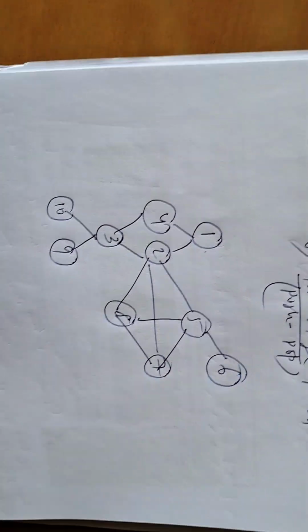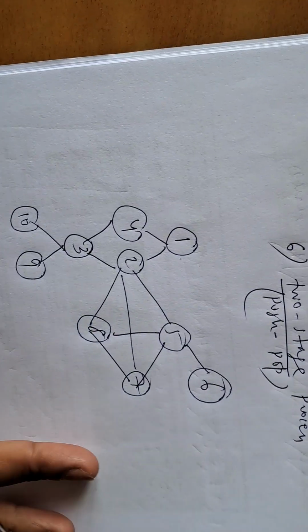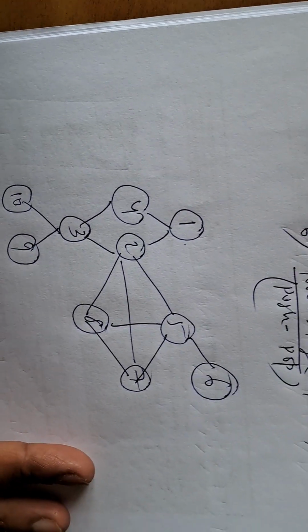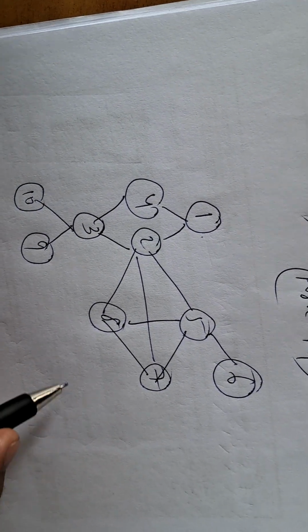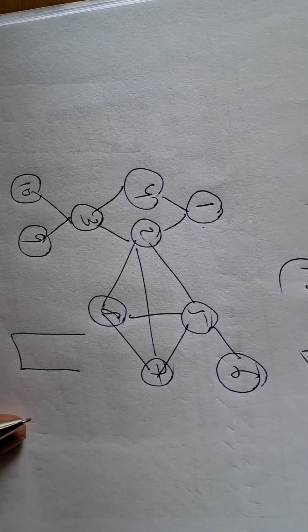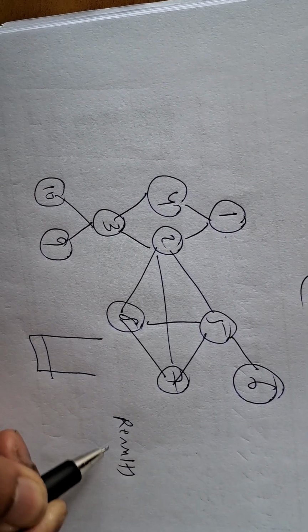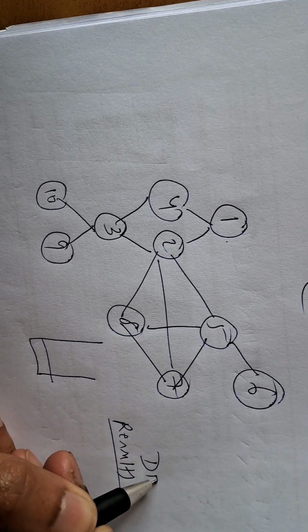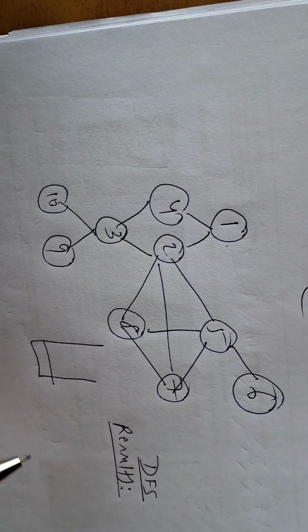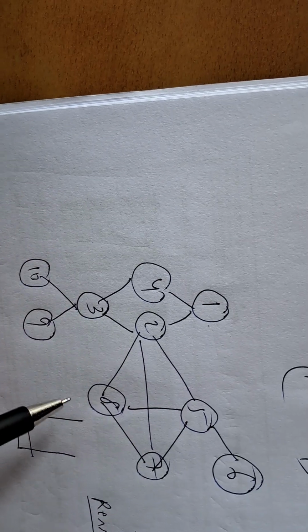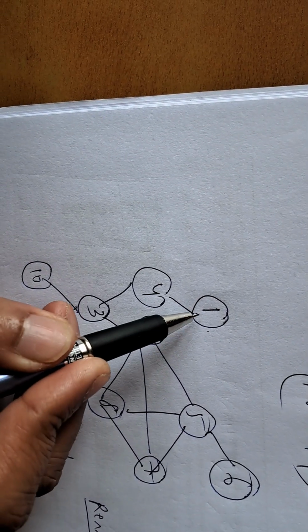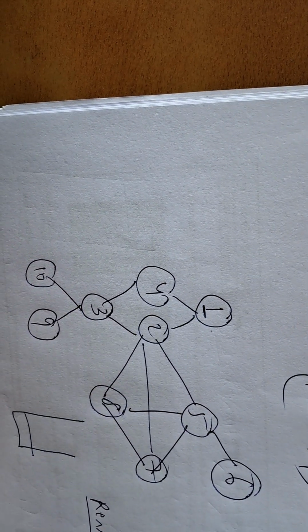Try to understand one thing: whenever you are trying to solve this kind of question, we simply maintain an additional data structure known as a stack here, and here we will be writing the results of our DFS traversal. We can start from any vertex. Let's say the source or starting vertex we have chosen is 1.